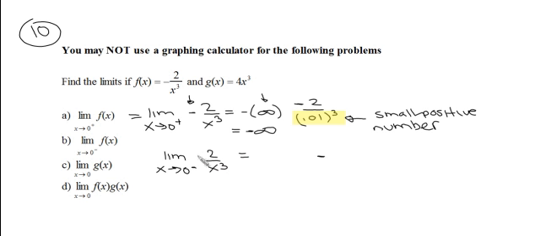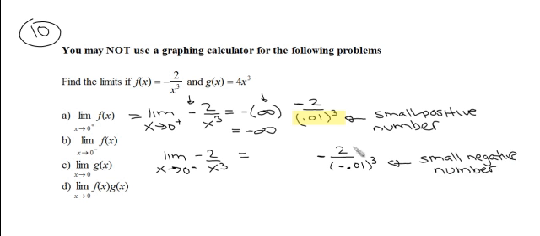So if I choose a number to the left of 0, we're going to use negative 0.01 to the third. Okay, so now this is a small negative number. So a number divided by a small negative number tends to go to negative infinity.